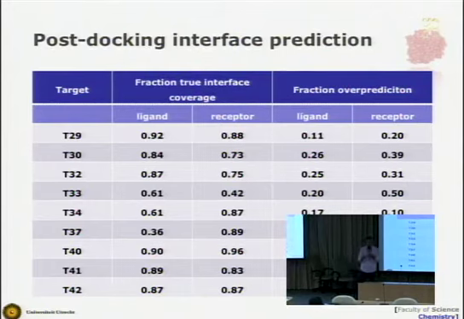So you can actually use docking to predict the interface. Meaning again that if you base experimental work on these kinds of models, there is a high chance that you find something relevant.